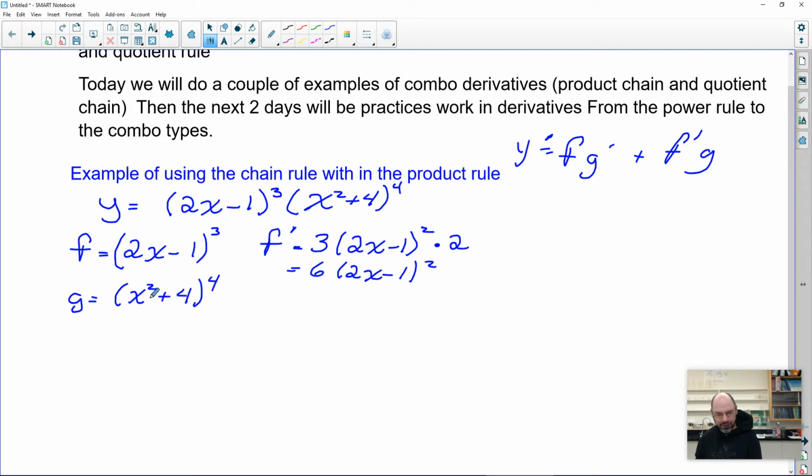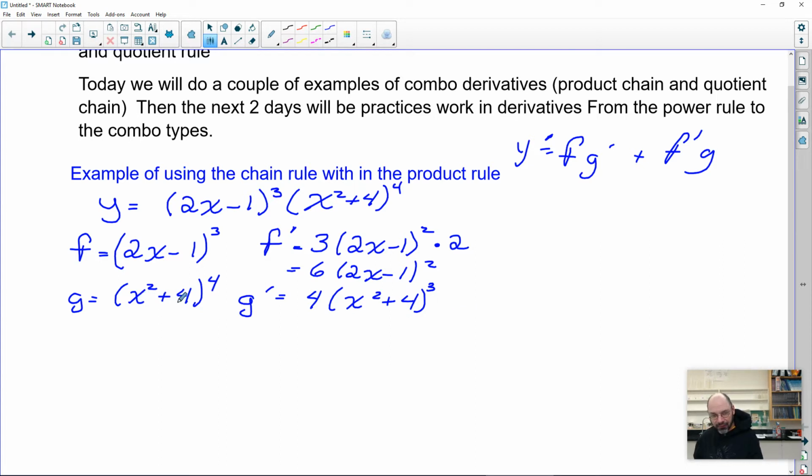We treat this as our u, so that'd be like u to the fourth, so that when we're doing g prime, we're going to get 4 out front, the u being x squared plus 4, and then we subtract 1 from that power, so 4 minus 1 is 3, and then we have to take the derivative of the inside, so the derivative of this is 2x.